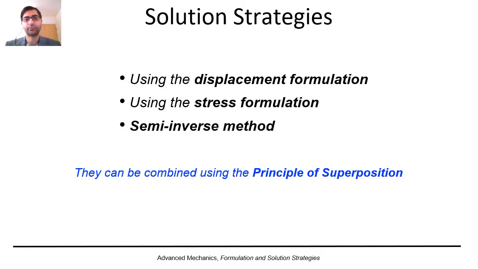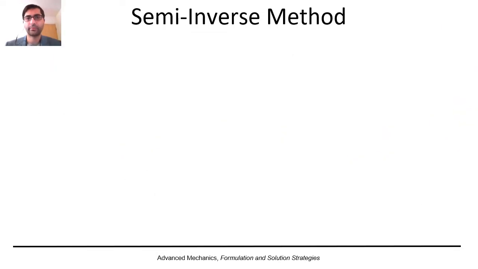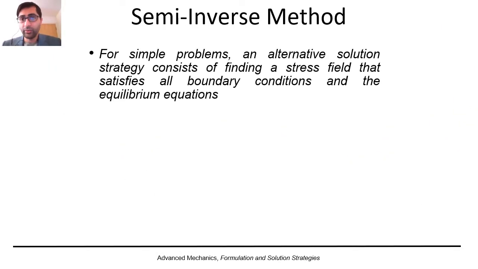Okay, let's get back to our solution strategies, and we're going to talk about semi-inverse method first. For simple problems, we can assume a stress field that satisfies the boundary conditions and equilibrium equations.